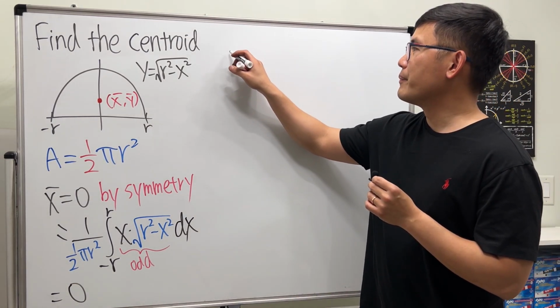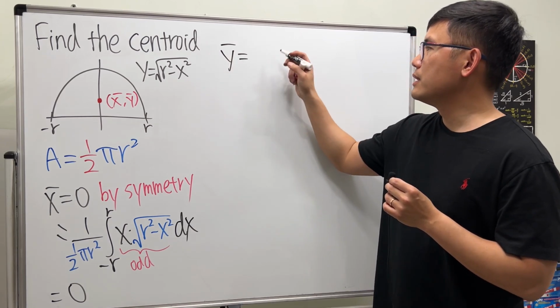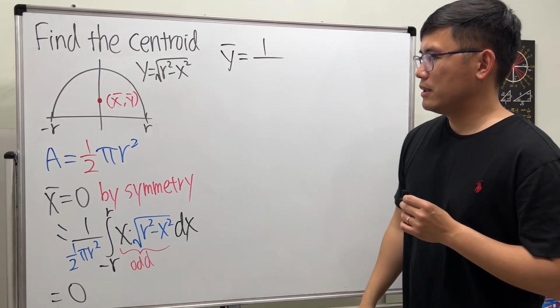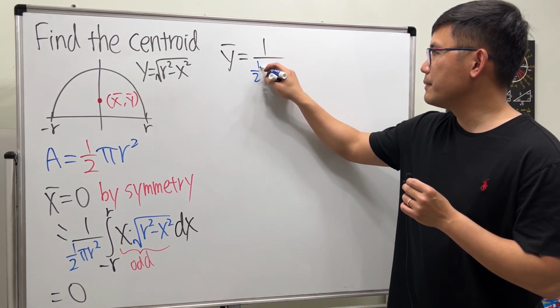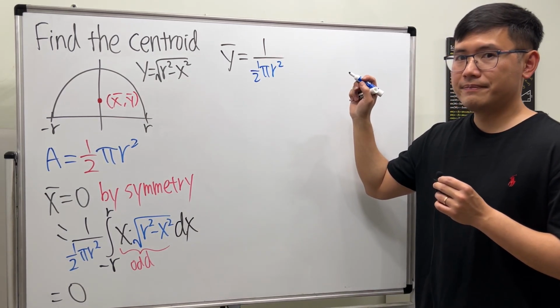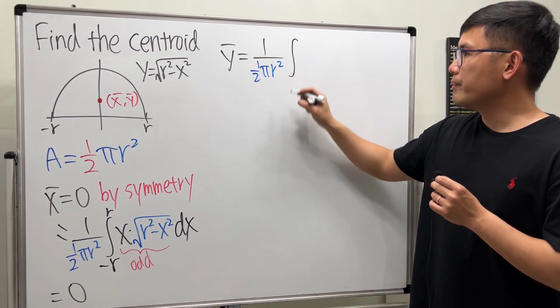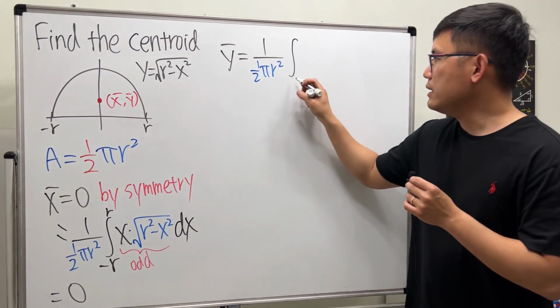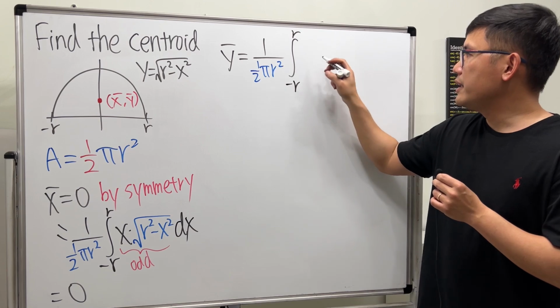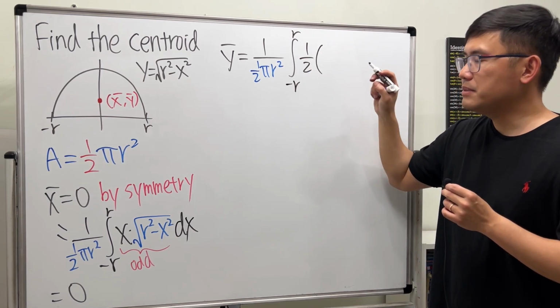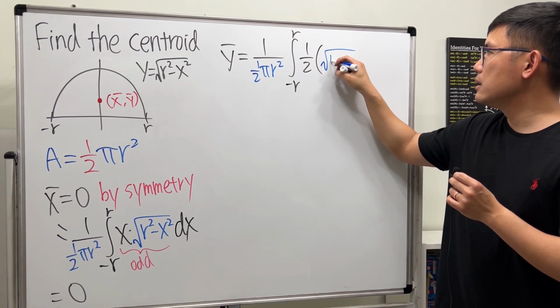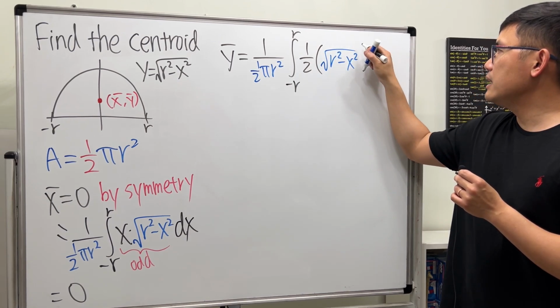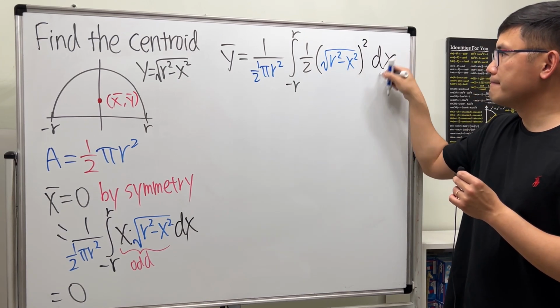And here's the setup. Y bar equals 1 over the area of the region, which is 1/2 pi r squared. And we multiply by the integral, going from negative r to r. And here we have 1/2 times whatever this function is, put that inside, and then square that.